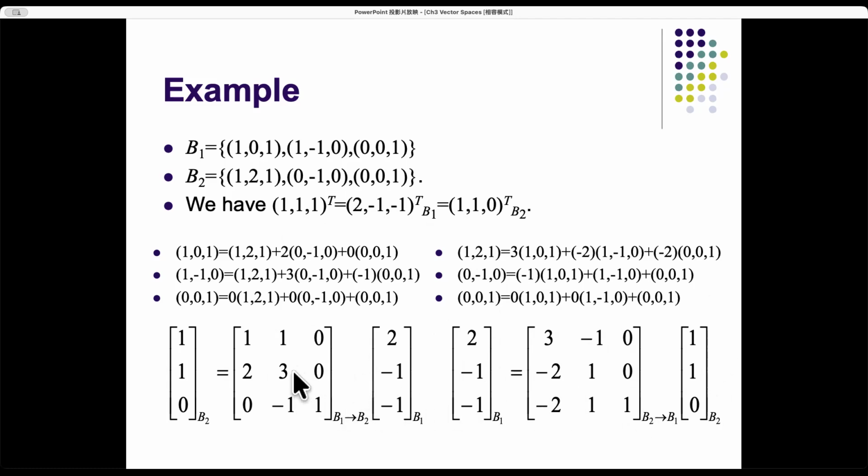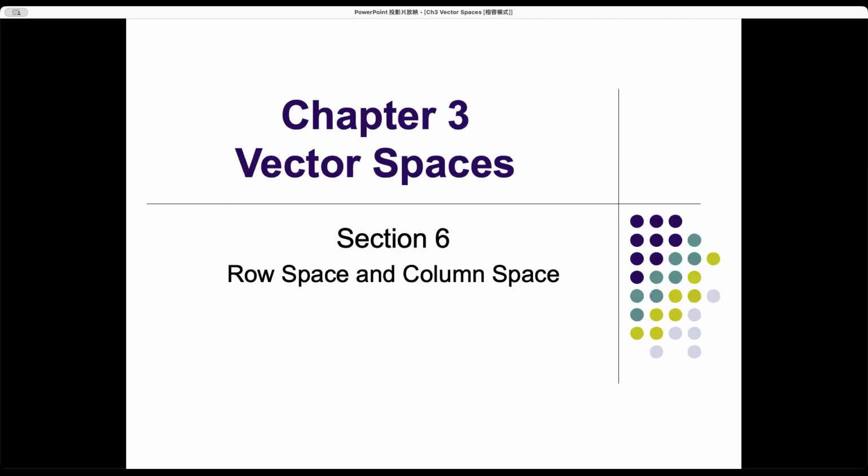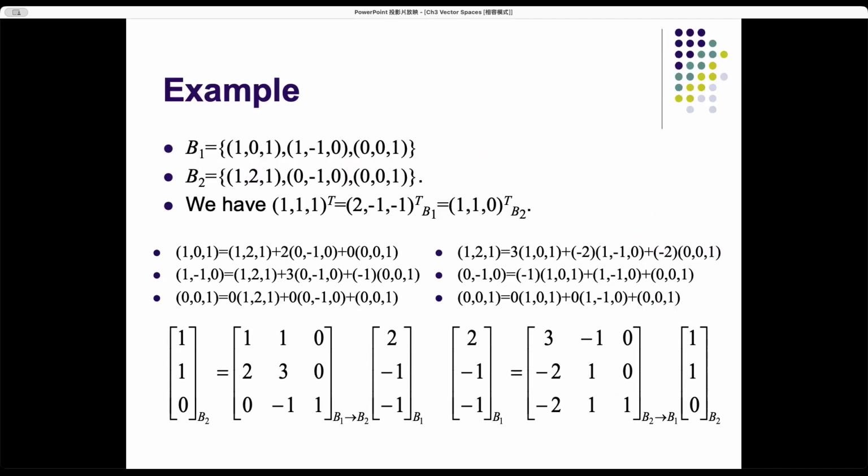In other words, this matrix and this matrix are inverse to each other. You can give it a shot. Okay. So we are done with the change of the coordinates.